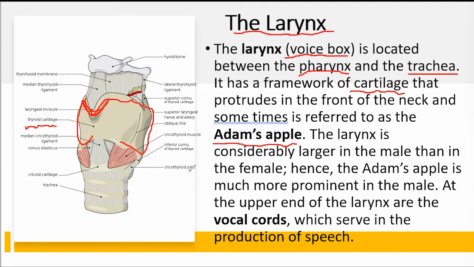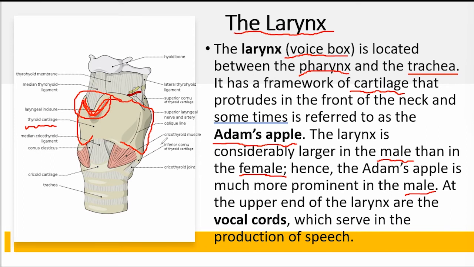This part is usually bigger in males and a little bit smaller in females. So mostly we can see on a male person, they will have a pretty big knot there. That's what we call the Adam's apple.